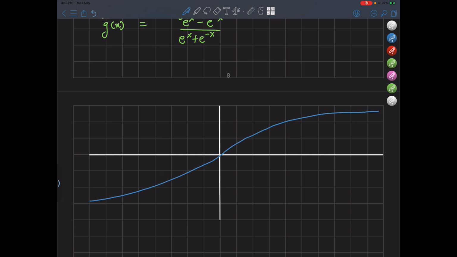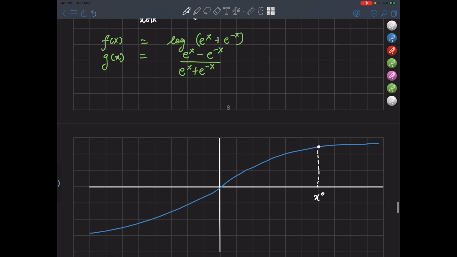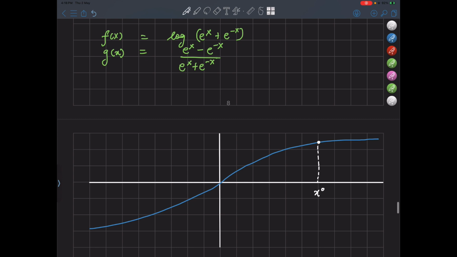Let's say we take some initial point here, x naught. If we go ahead with the classical Newton's algorithm, it will converge to this point first.